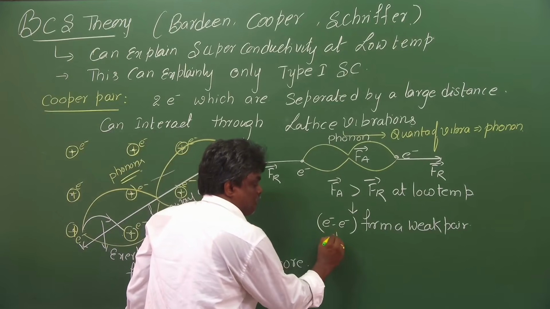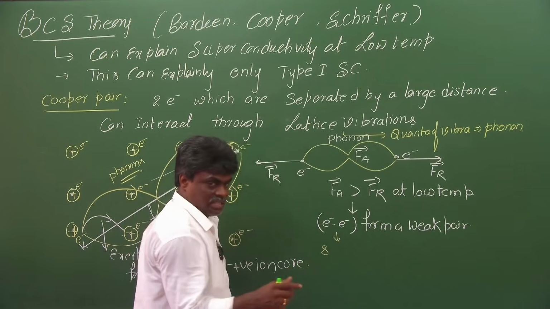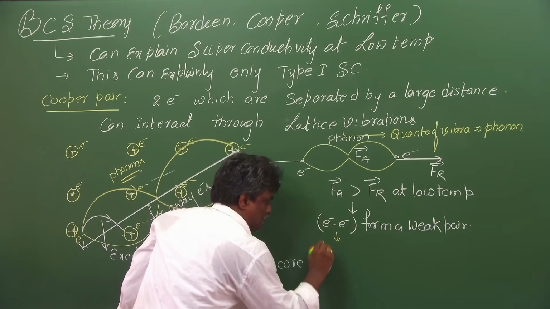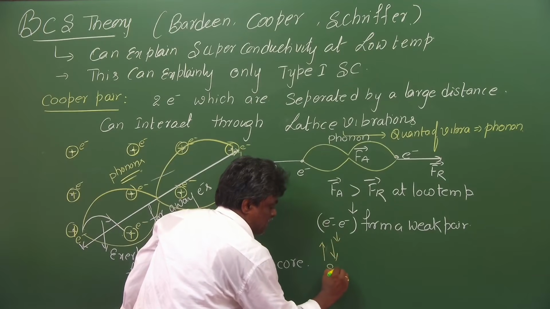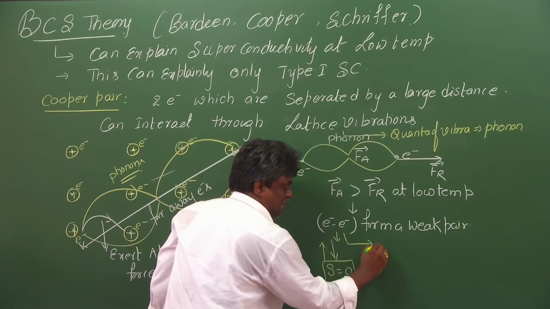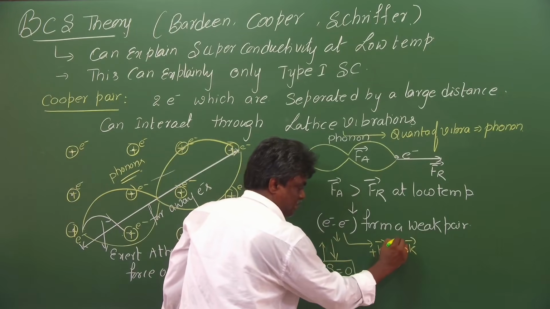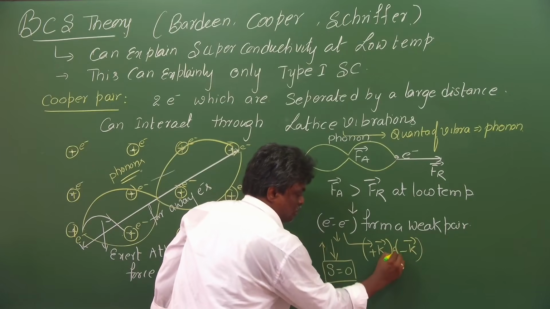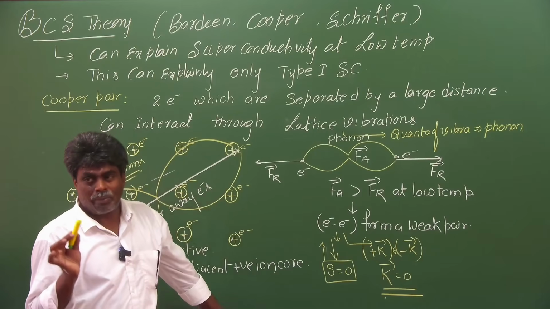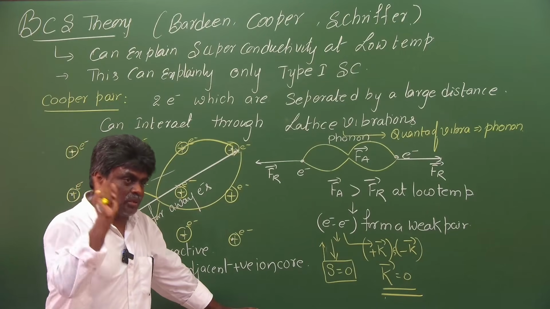Once it forms a pair, one spin is plus half and the other is minus half, one up and the other down, so the total spin is 0. For the k vectors, one is plus k and the other is minus k, so the net k vector is also 0. The Cooper pair properties: net spin 0, net wave vector 0.